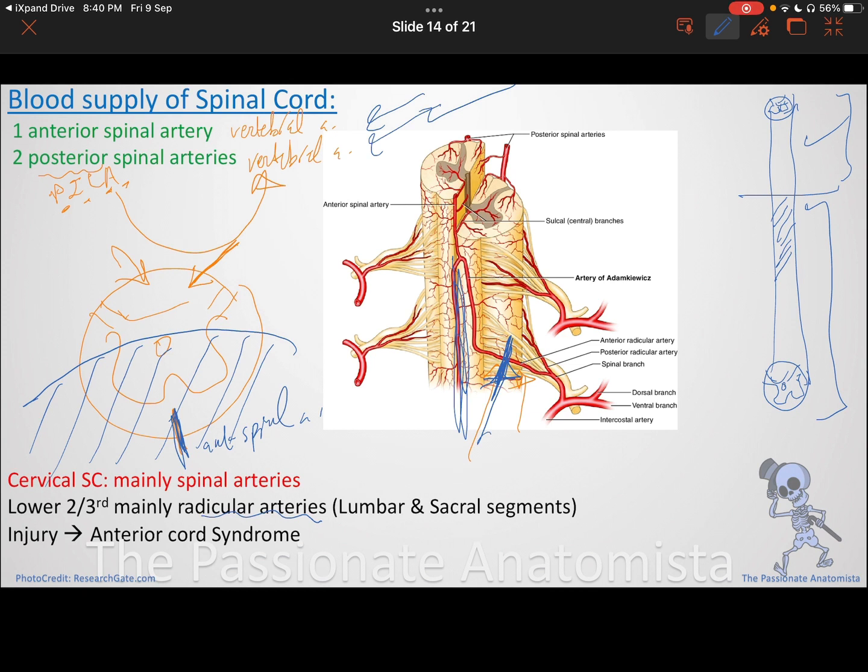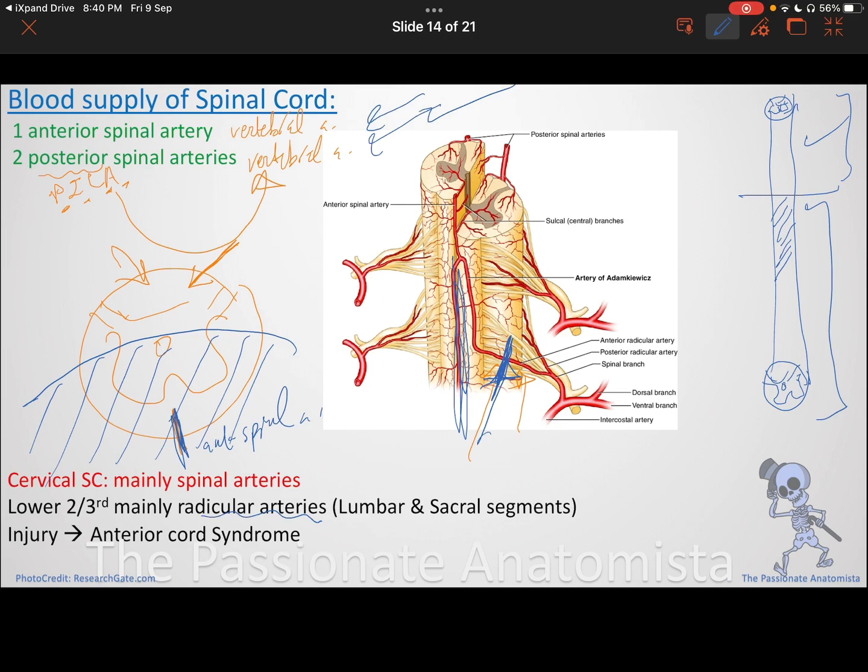I just want you to know that in the lower two-thirds of the spinal cord, the anterior spinal artery is taking its blood mostly from the radicular artery. And that is coming mostly from the aorta or the posterior intercostal arteries. It's not from the vertebral.